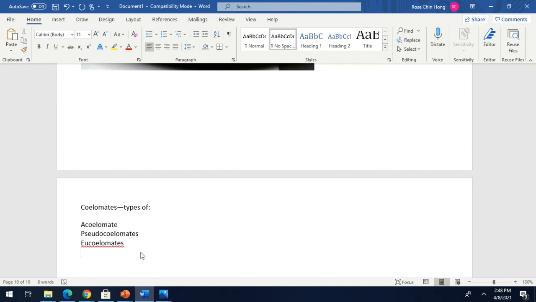And then the types of animals we have according to their germ layers: diploblastic, which consists of 2 germ layers, and I'm not going to go through all this again; triploblastic, which has all 3 germ layers.